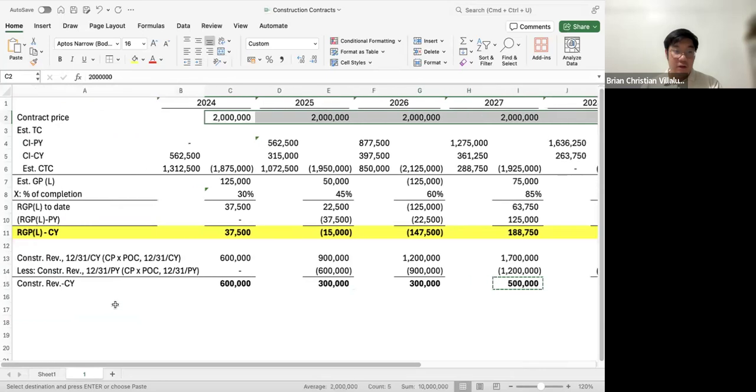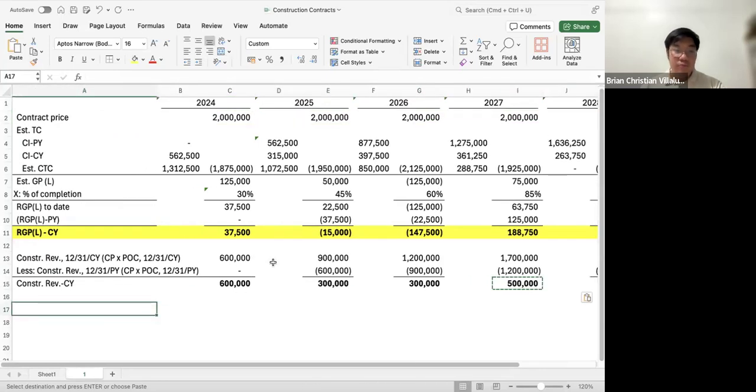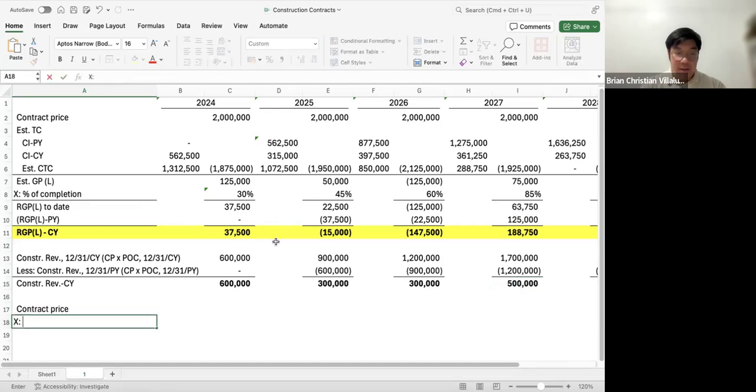Oh. Now, anong magiging method number 2 natin? Dahil qualified naman yung problem number 1 natin dito, di ba? Oh. So, paano? That is equal to contract price times percentage completed current year. Mako-compute nyo kaagad yung dito, construction revenue CY.